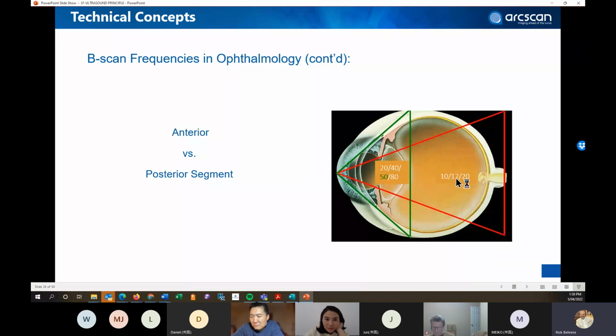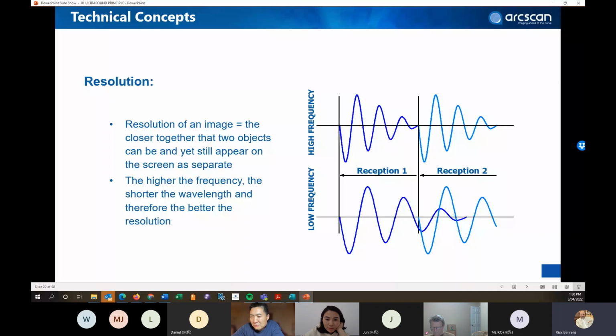Those are for the back of the eye, but again, we do not do the back of the eye. Think of anterior segment, 50 megahertz. The resolution will be dictated by the frequency: the higher the frequency, the better the resolution.